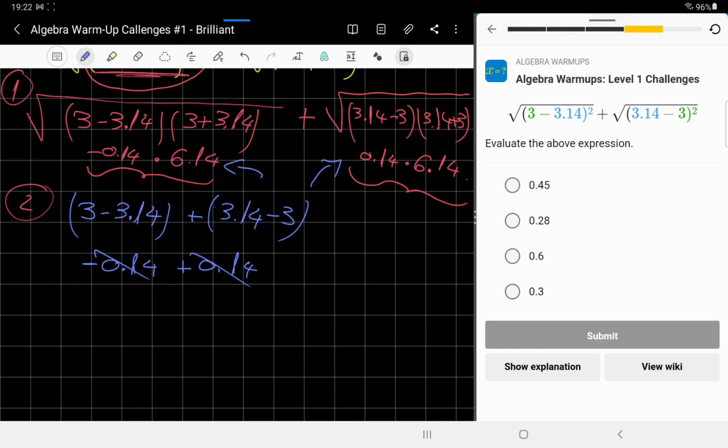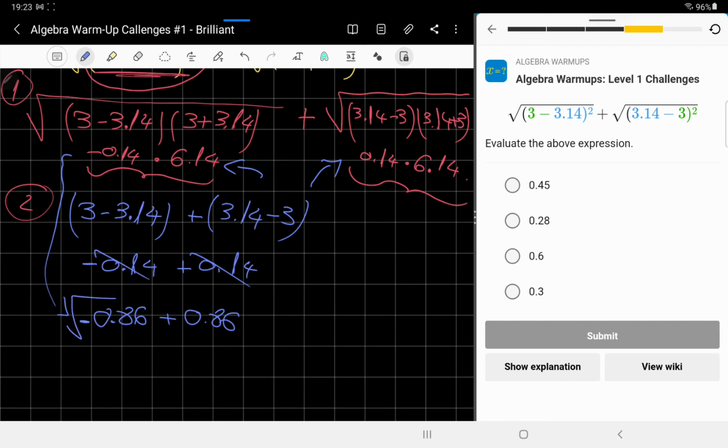This is a brute force approach. So 0.14 times 6.14. This one would evaluate to 0.86. Actually minus 0.86, and this one would evaluate to 0.86.